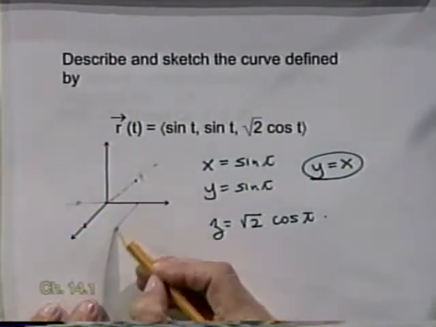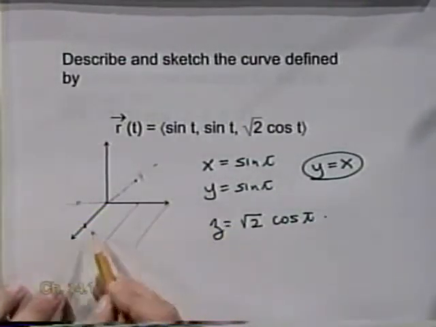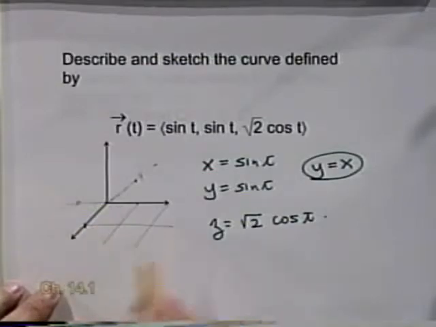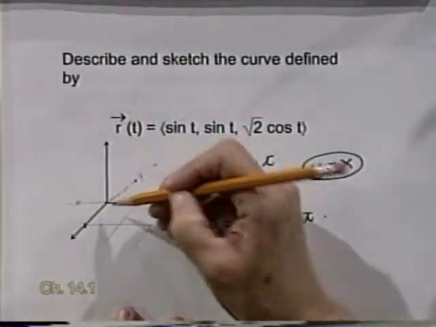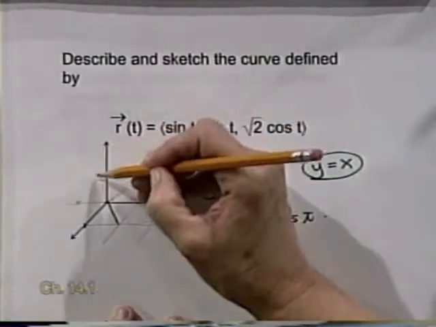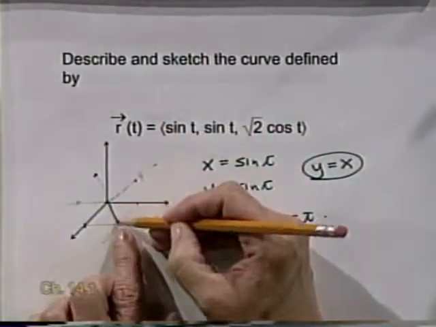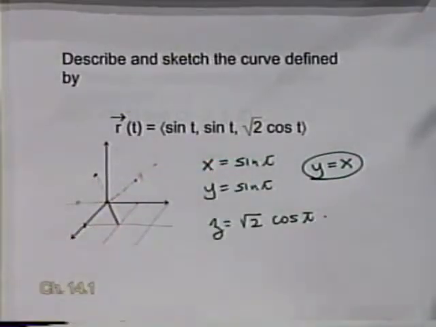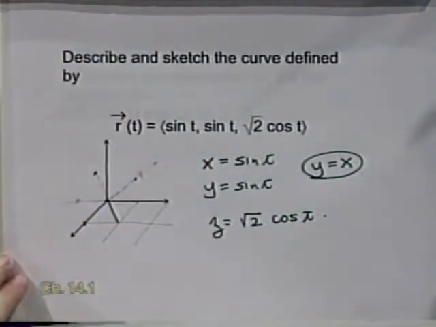So my xy points are going to be all along this line, and then, of course, it bats back there. But it can't go beyond here and here because x and y have to be between -1 and 1.